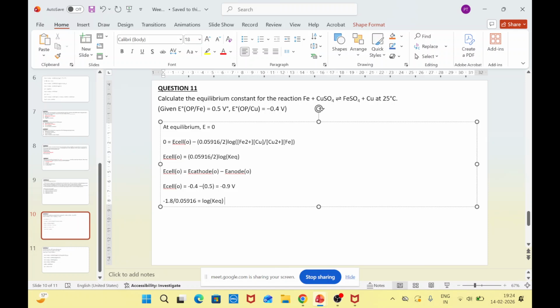If you solve this expression, you will be able to find out the K equilibrium. Is this fine, or is there anything that I have made a mistake?